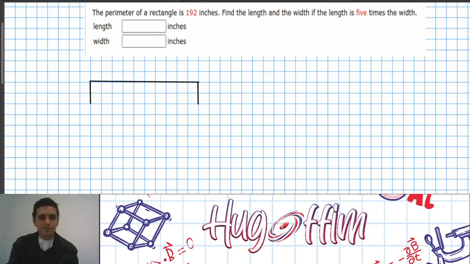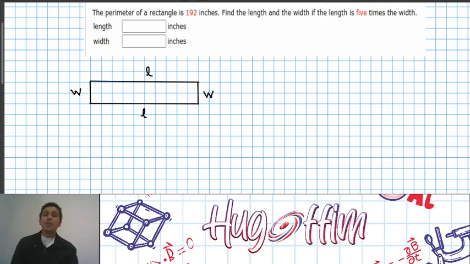Okay? So that's the first thing that I'm going to do, is to imagine how my rectangle will look, and in this case that will be the width and that will be the length. Obviously this will be the width as well, and this will be the length.